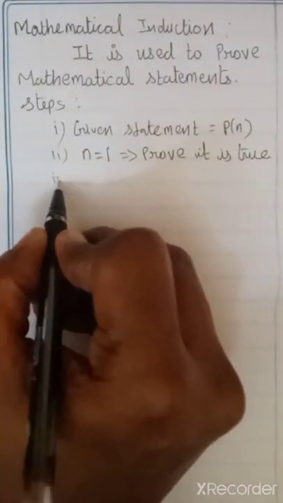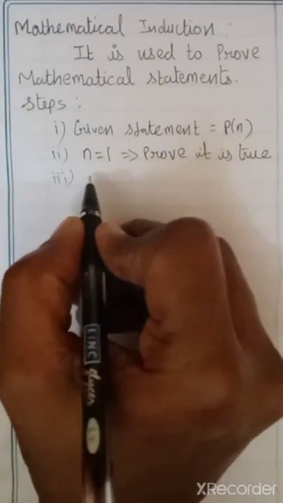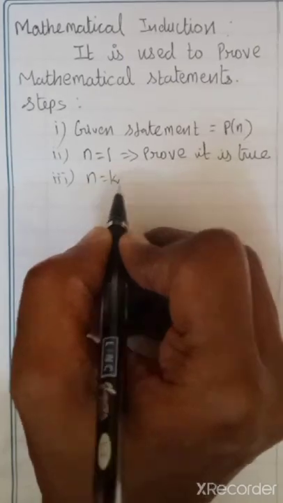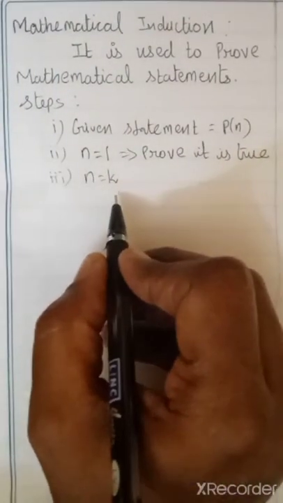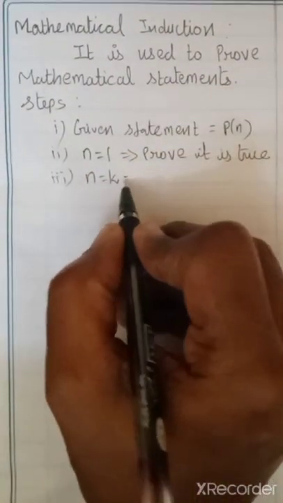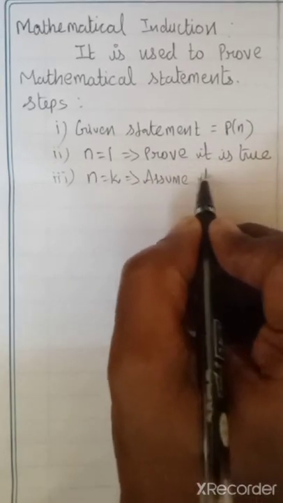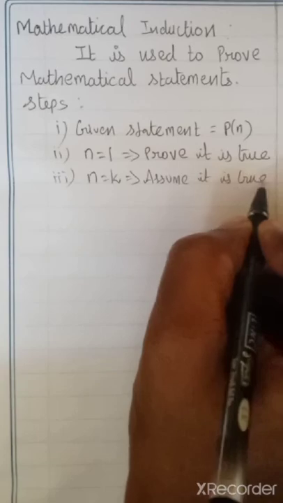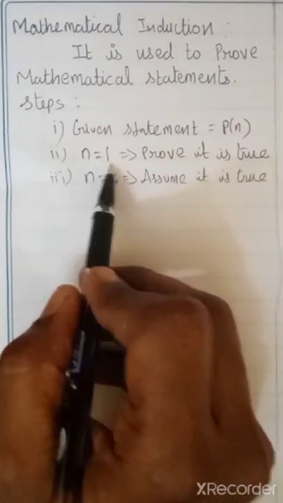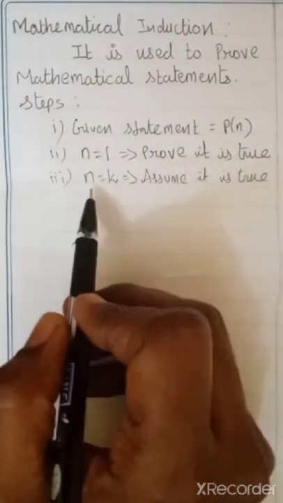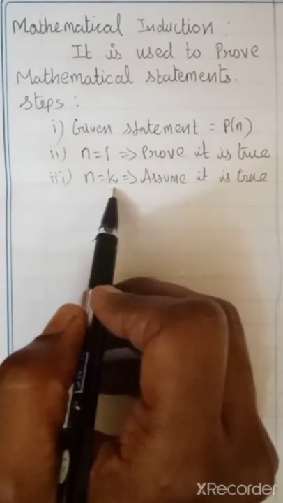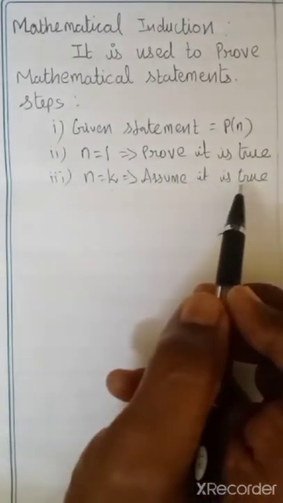Next, third step, we have to take n equal to k. So instead of n, what are you going to substitute? k. So n equal to k, and we are going to assume that it is true. First we take n equal to 1 and prove that. Next we take n equal to k and assume that it is true.